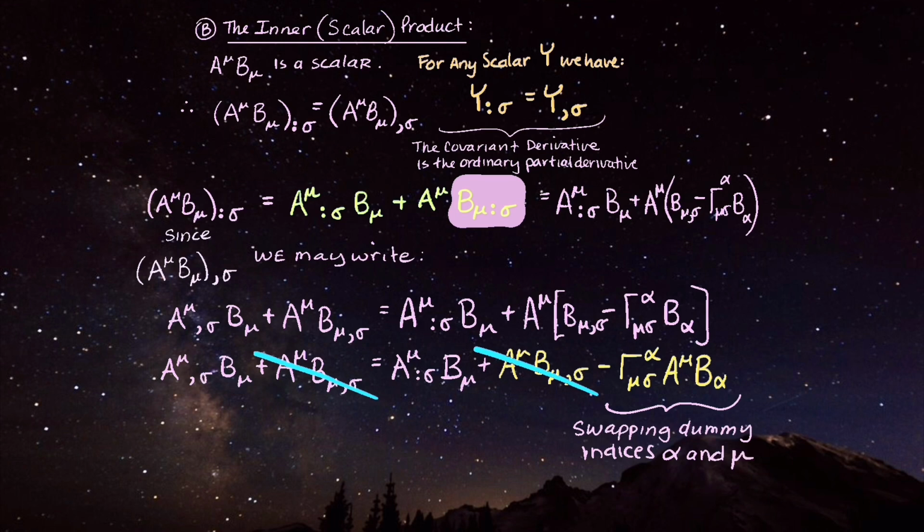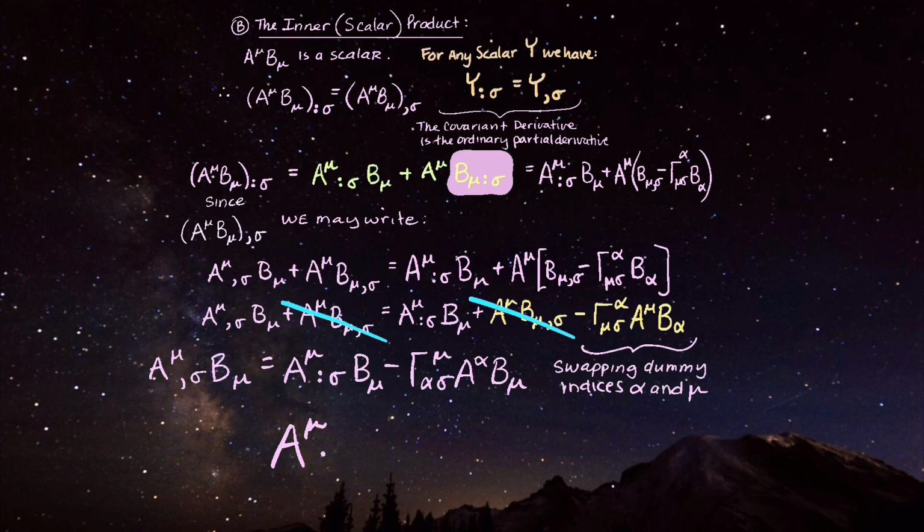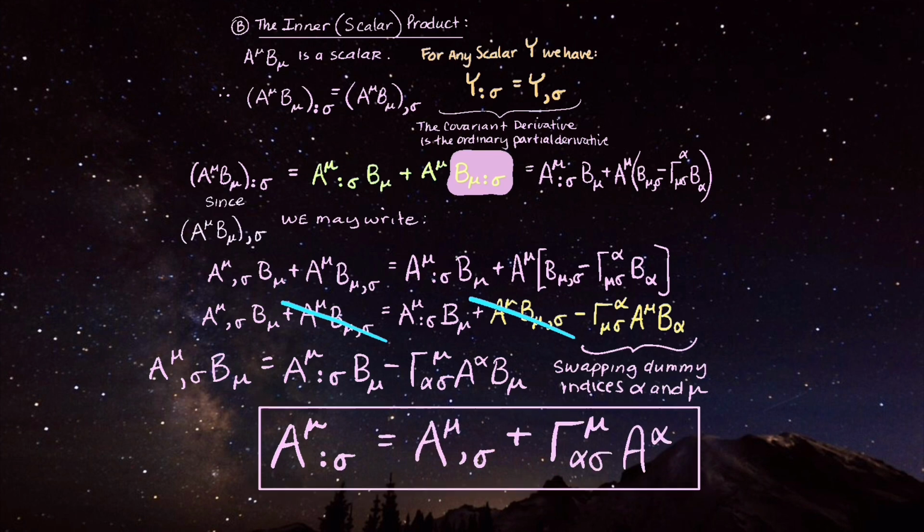And because we are free to swap out dummy indices alpha and mu, this can be written as follows. And since this must be true for any arbitrary b mu, we get the covariant derivative formula for a contravariant vector, which appears to only differ in a sign change on the Christoffel symbol term.